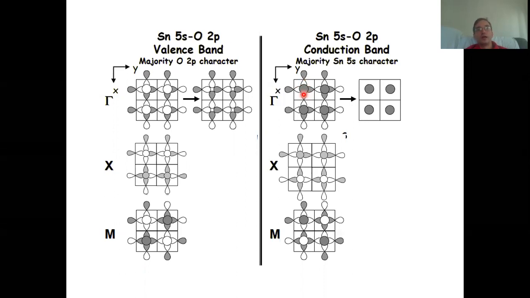So now we get, due to these interactions, 2 crystal orbitals. The first crystal orbital would essentially resemble the 2p orbitals of the oxygen as indicated here, and the other one would basically resemble the 5s orbitals of the tin.